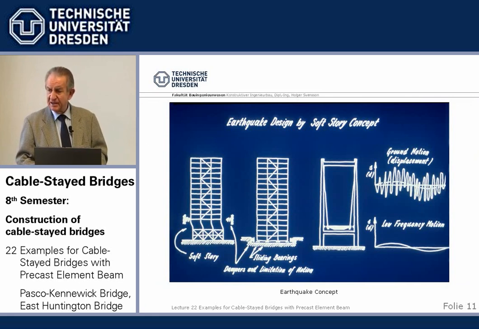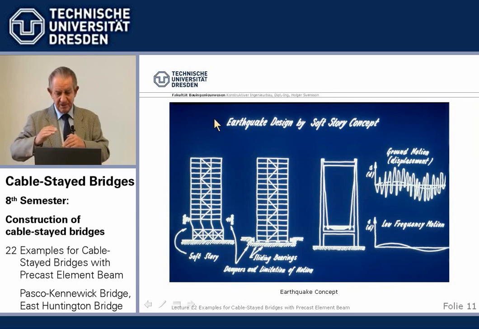And at that time, in '74, '75, the computers were not so good at doing dynamics. So we said we do it by structural device, and we used a concept to have a big difference between the eigenfrequencies of our bridge and the short eigenfrequencies of an expected earthquake.